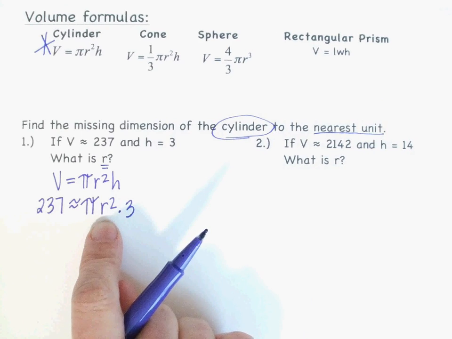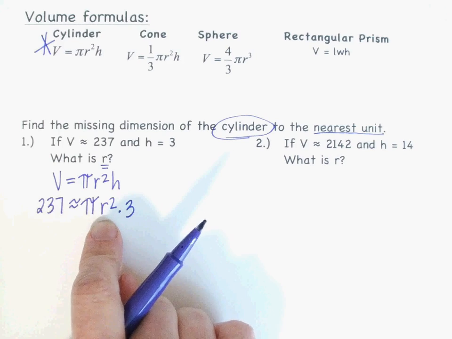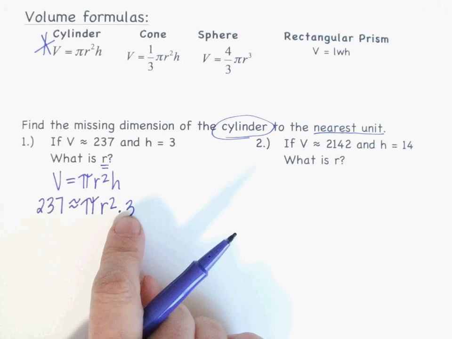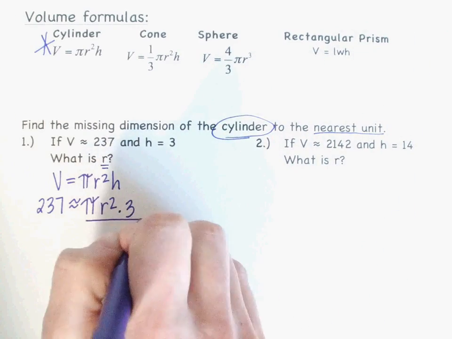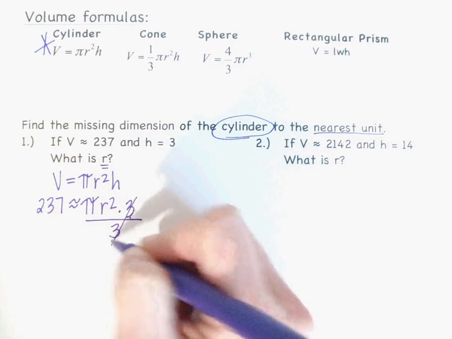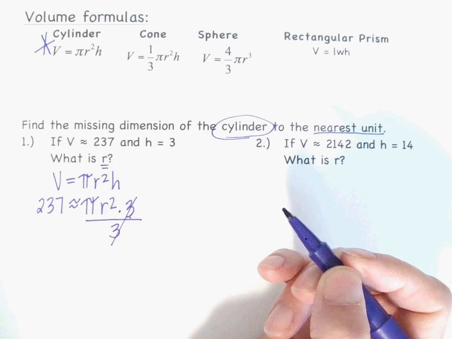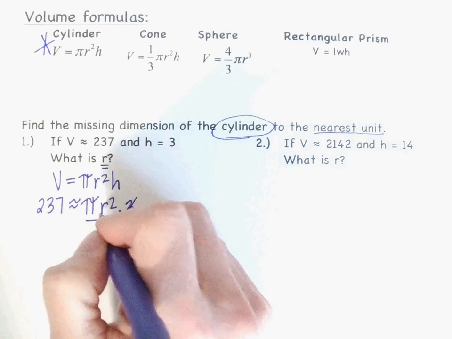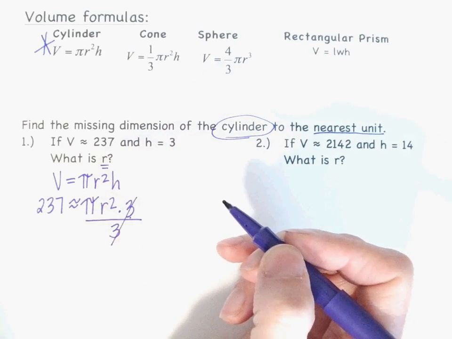And the first thing that we're going to do to isolate r is we're going to do the inverse operation of this 3. So what that means is I have multiplying by 3 or times 3, and we're going to do the opposite operation. So the opposite of that is to divide, because when I do 3 divided by 3, that gives me 1. Okay, in essence, it cancels to get that r by itself.